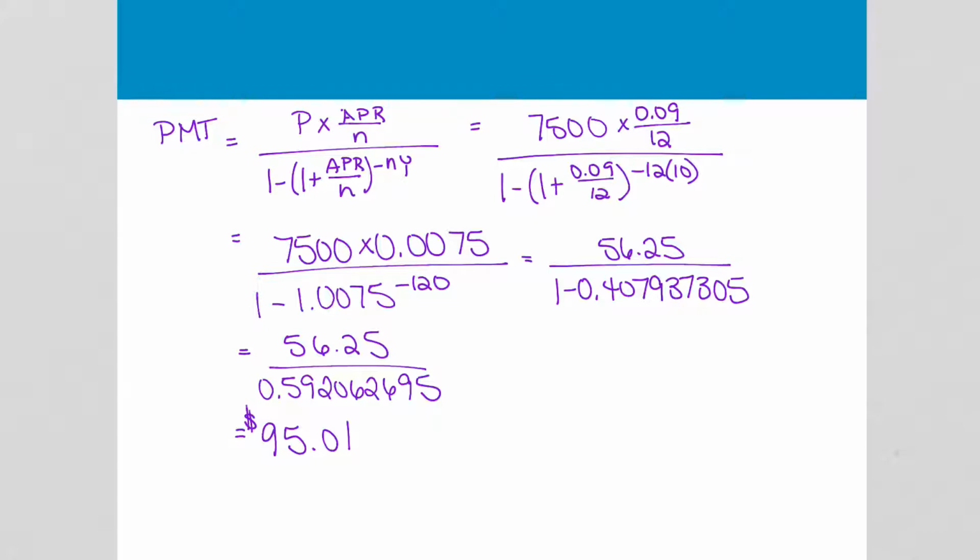Okay, it also asks us how much will you pay over the lifetime of the loan? So the total payment would be, you're paying $95.01 each month, so times 12, for 10 years, so times 10.